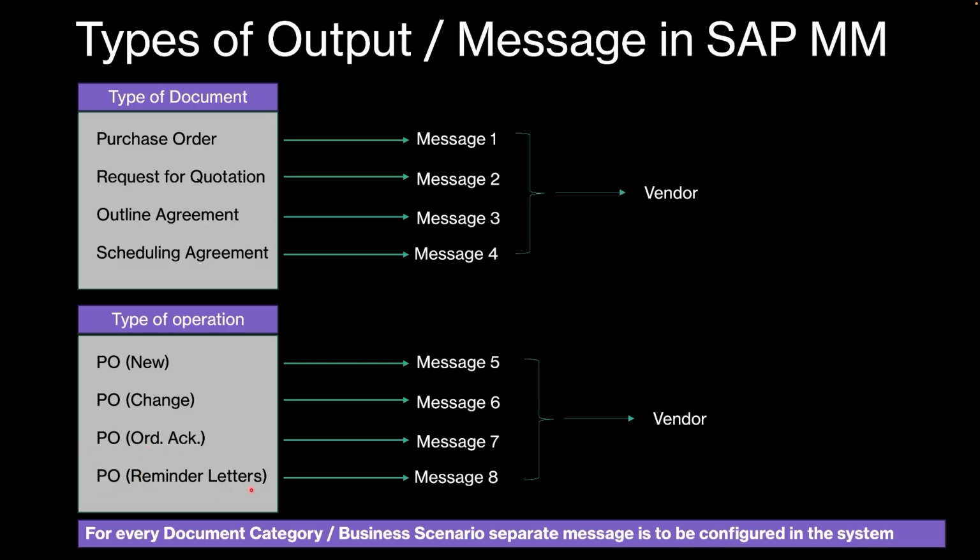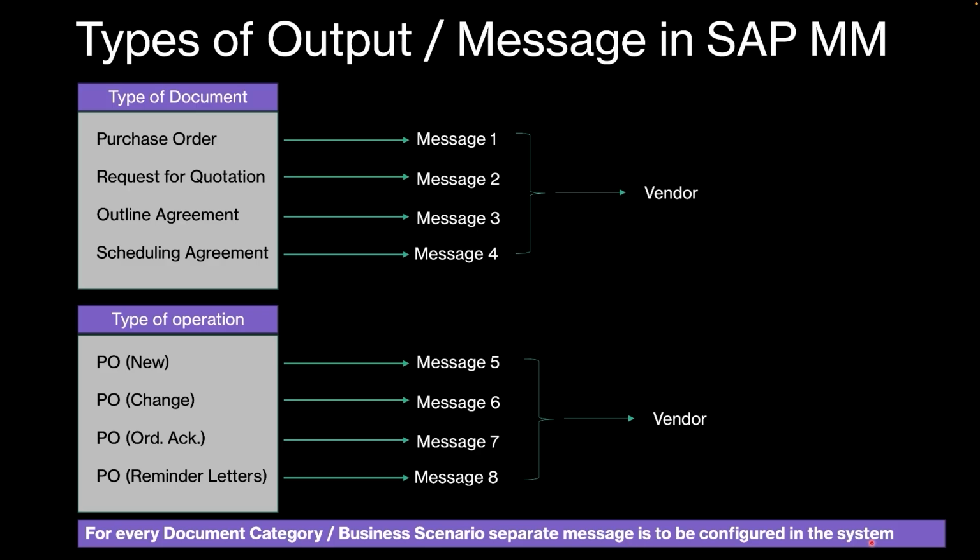And if you want to send reminder letters also, then in that case also you will have a different message type. So you can see here, for every document category, whether it is a purchase order or RFQ or outline agreement or scheduling agreement, and for every business scenario, like a new purchase order or a change purchase order, or an order acknowledgement or reminder letters, or these operations in terms of other documents also, for each of these scenarios you must have a separate message type configured in the system.